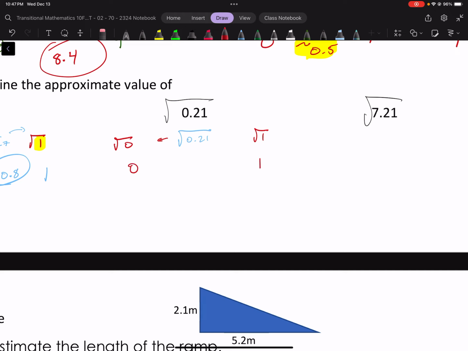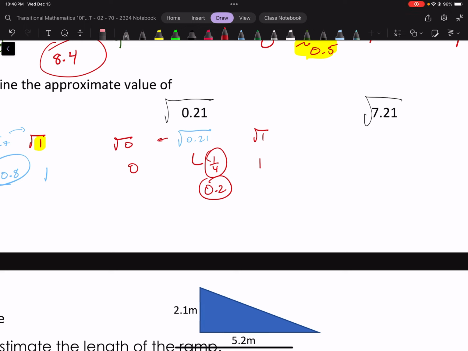So maybe I suspect that the square root of 0.21 might be around a quarter, or it might be 0.2. All of these are valid. And in fact, 0.1 would be valid, 0.2, 0.3, 0.4. These all might be valid. These are good guesses for it. And that's what we're trying to do, just an approximate value.